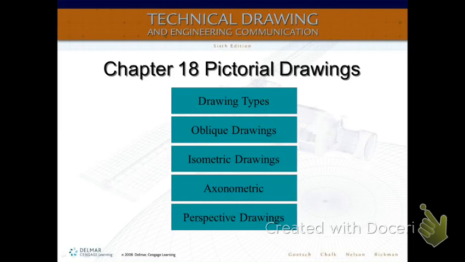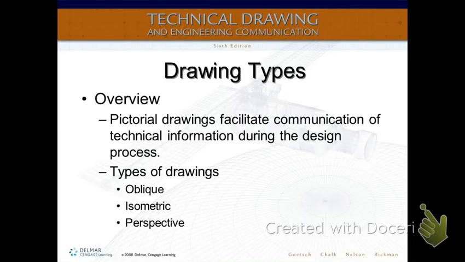Chapter 18 covers drawing types, oblique drawings, isometric drawings, axonometric drawings, and perspective drawings. So starting out with the drawing types: oblique, isometric, and perspective. Oblique is just like it sounds.